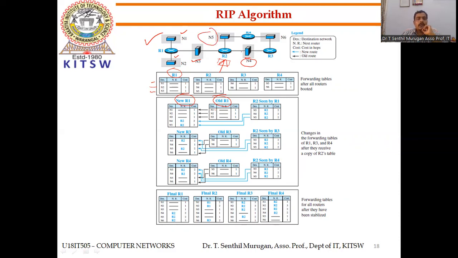So here one network, here two. So after updating this R2 part, we can add N4, N5 in router 1. Like that, router 2, router 3, router 4 will be updated. By seeing this diagram, you can easily identify it. So the final data will be like this.